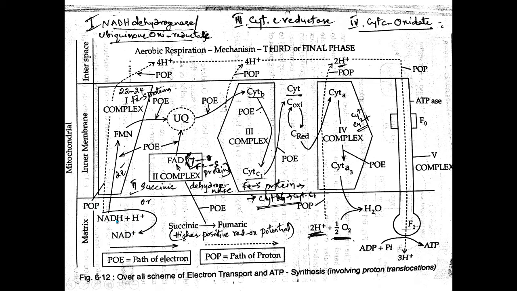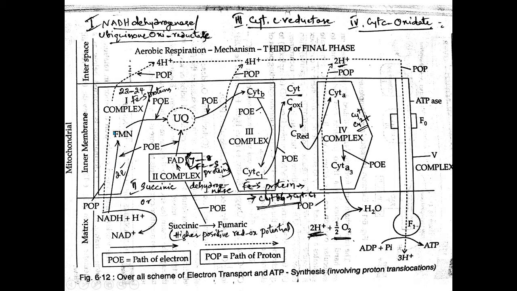NADH and FADH are formed as a result of glycolysis, the Krebs cycle, and oxidative decarboxylation of pyruvic acid. These NADH and FADH undergo oxidation, releasing protons and electrons. In the first step, this is the first enzyme complex. Here NADH undergoes oxidation, H plus ions and electrons are released from it, and it converts into NAD, in the presence of the enzyme NADH dehydrogenase or ubiquinone oxidoreductase.